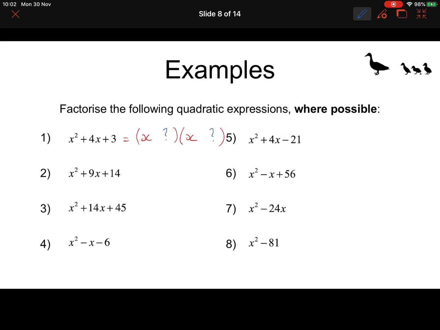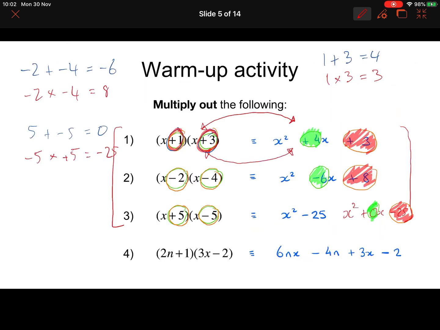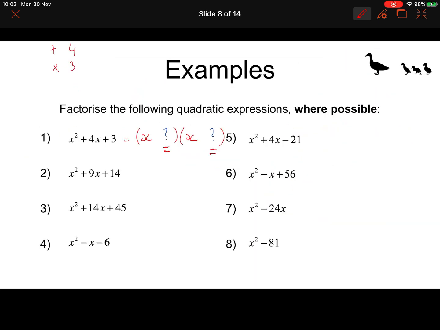And it's very easy to figure out because remember what we said. These two numbers must add up to 4, and must also multiply to 3. That is what always happened: 1 times 3 gave me 3, 1 plus 3 gave me 4, and it worked out with the others as well. So, all I've got to do is work that out.